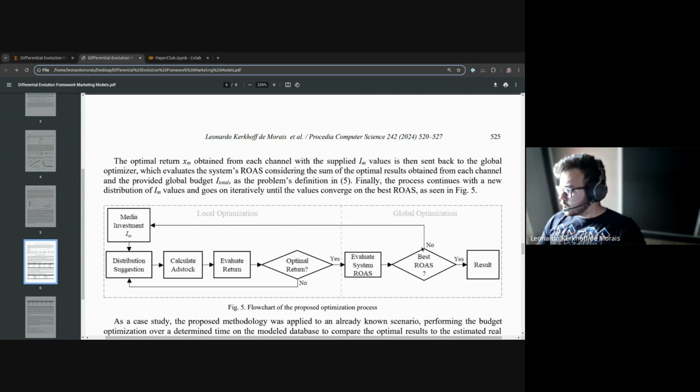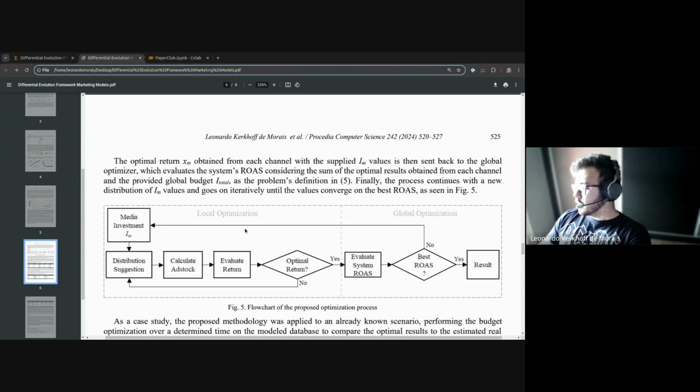So how does this work? It starts with an evolutionary algorithm over here to distribute the total budget you have over the media channels you have. It will suggest some solutions for you, and then it will kick in a new evolutionary algorithm inside every media channel that will pick up the value that the global one sent and distribute it over time.